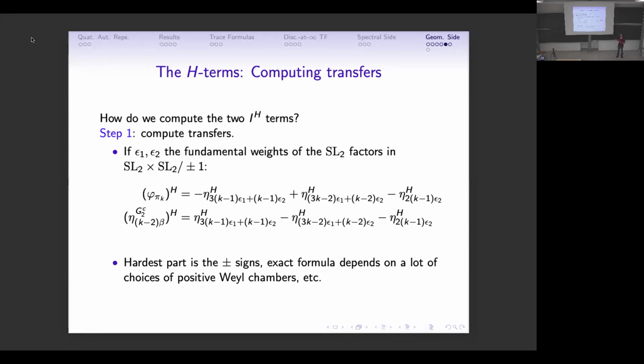Basically, if this pi_k was the generic discrete series in the packet for a given choice of Whittaker models, then you know that all these signs are positive, and the Labesse formula tells you how the signs change between different discrete series. So you play those 2 against each other and you can get the exact signs here. But in the end, this is just some formula that you need to compute.